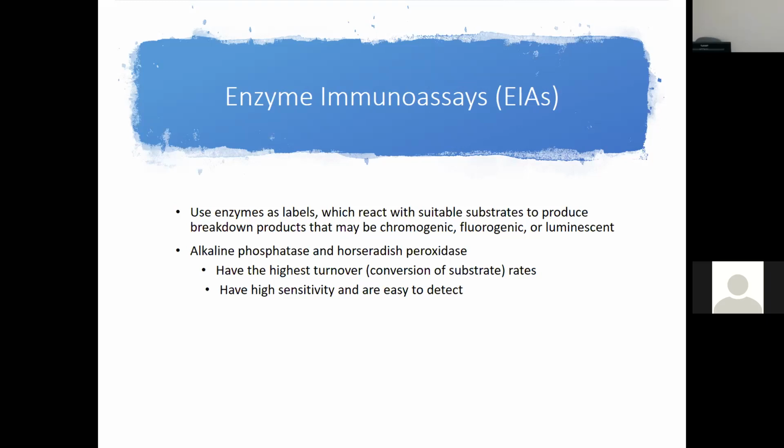Anyway, we have horseradish peroxidase downstairs, and that's going to be the enzyme we use. Okay? And basically, it's going to be our reactant, our enzyme label. So we're going to have the highest turnover conversion of substrate rate. They have high sensitivity or are easy to detect. So that's our label. Okay?